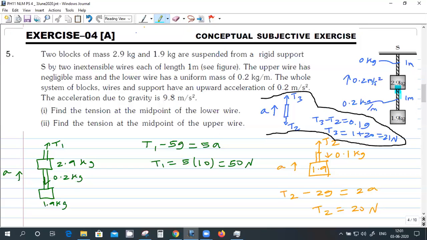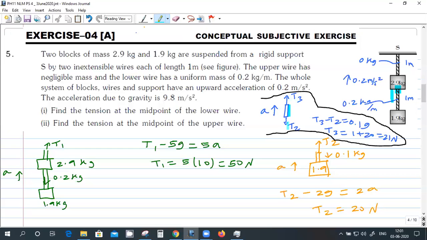So you can take this half string here, from here to here. Then you can draw the forces. The above force is T3. Tension string will always pull. So this is pulling this thing with the tension of T3.